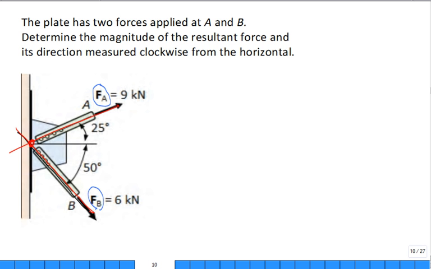Determine the magnitude of the resultant force, as if I'm adding these two forces together. Then I'll get the resultant force. What law am I going to use? The parallelogram law. And then you want to calculate the direction measured clockwise from the horizontal.